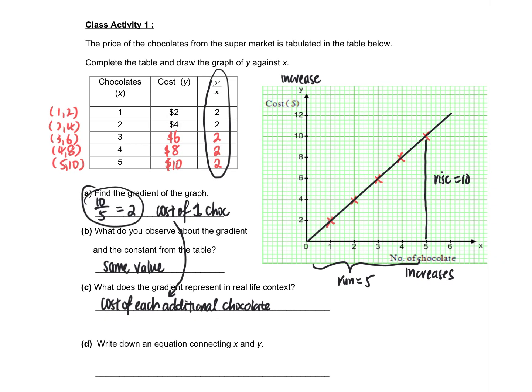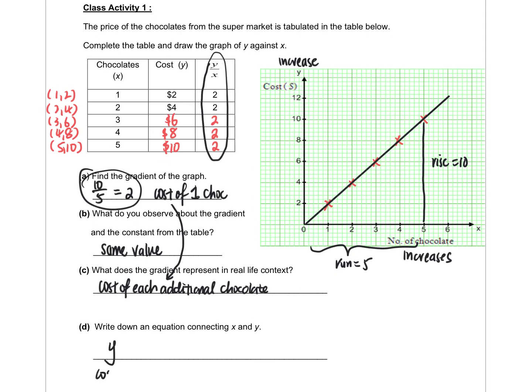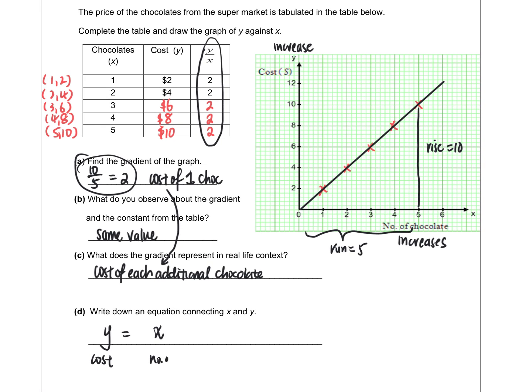So what is the equation connecting these two variables? If y is the cost and x is the number of chocolates, how should I write the equation? Y equals $2 times the number of chocolates.